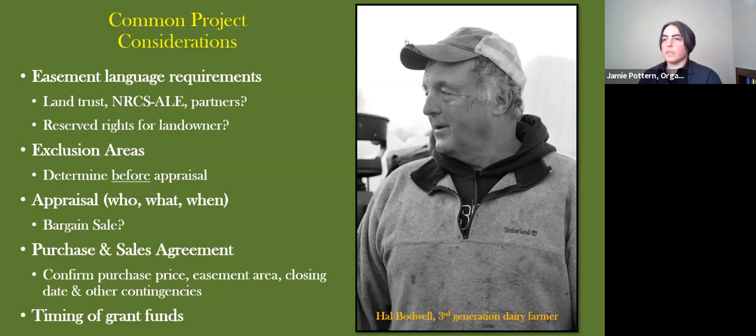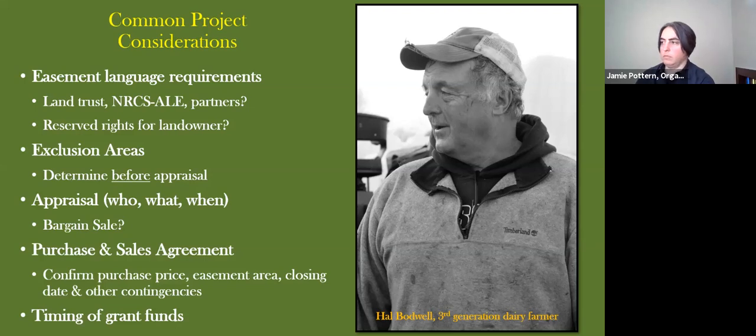And last, the landowner may also want some reserved rights depending on the kind of operation they have or the layout of the conservation easement. You also want to talk with them about any areas that they want excluded from the easement, and it's really important to understand that before you do any type of appraisal work.